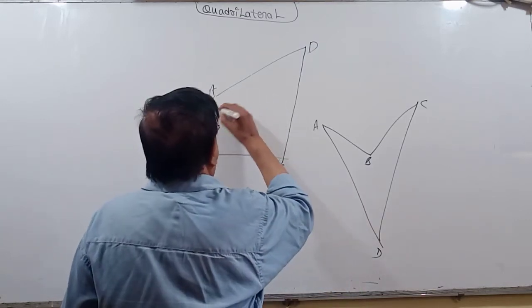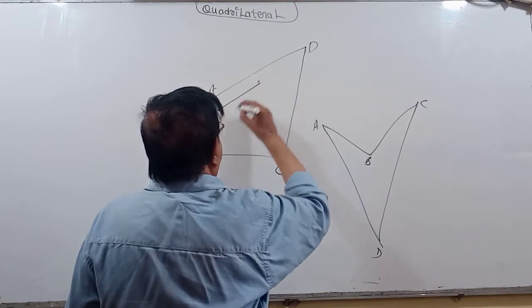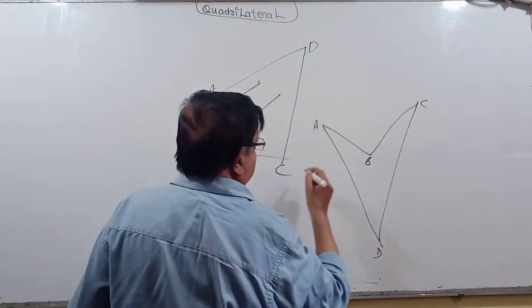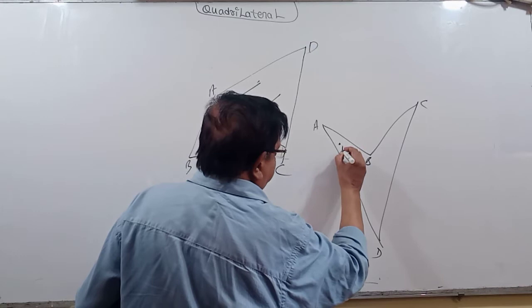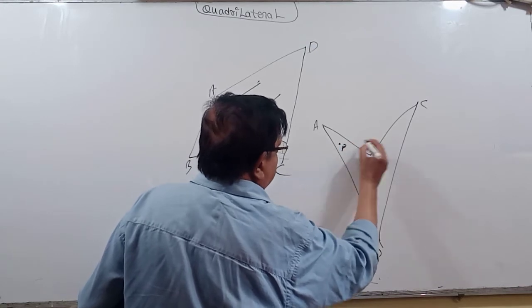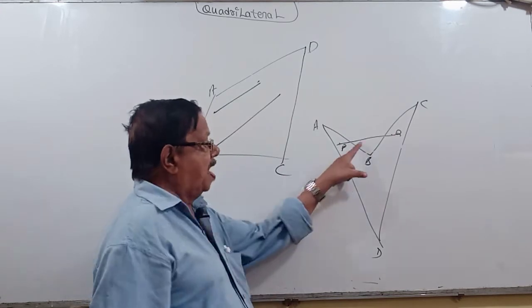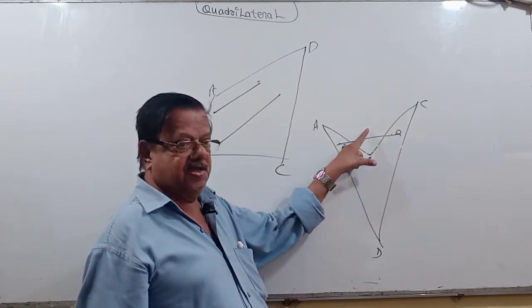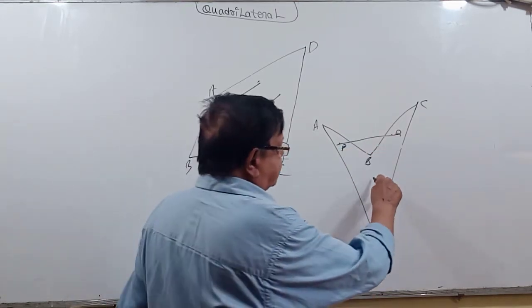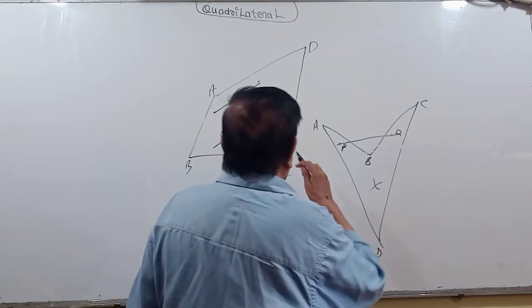From any point to any point when I draw, the entire thing lies in the figure. Whereas here, suppose the point P is there, Q is there. If I draw the line, part of the segment goes outside the figure. Therefore, this is not a quadrilateral. It should be a convex set.